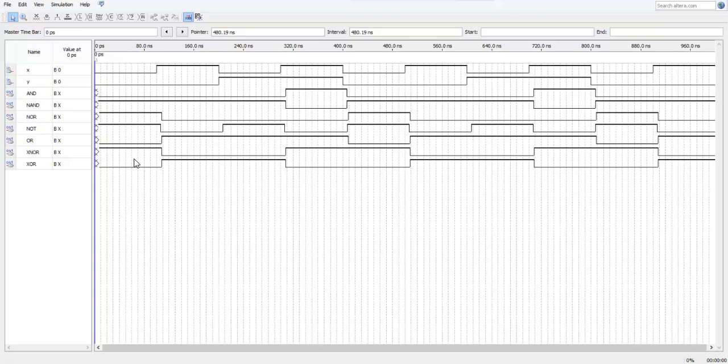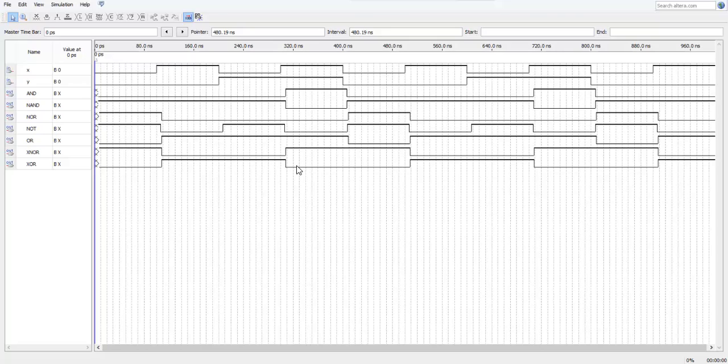Now XOR works in quite the opposite way. XOR is high when X and Y inputs are alternate, which means if X is 0 and Y is 1, or X is 1 and Y is 0, this will have an output of 1.